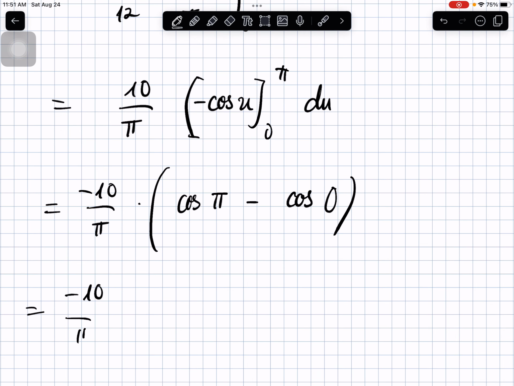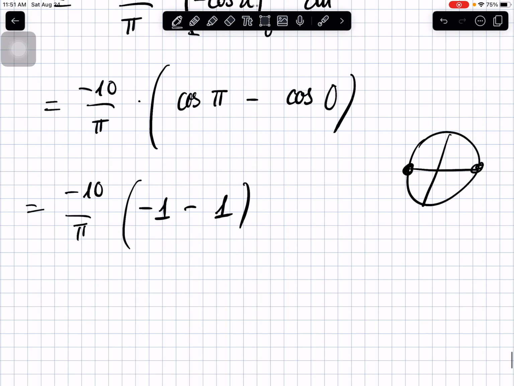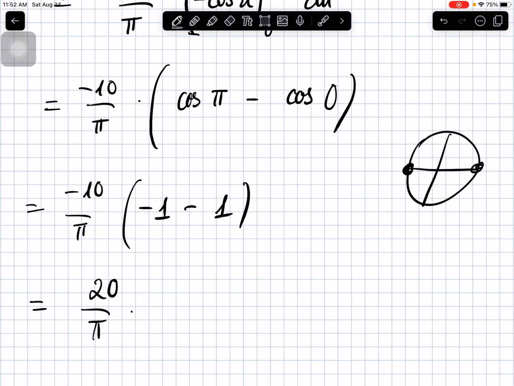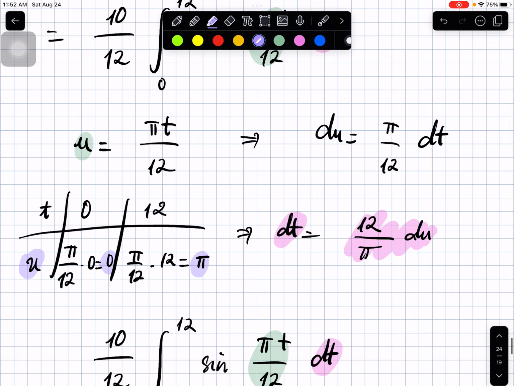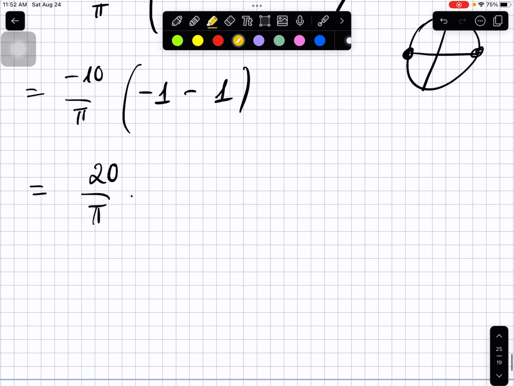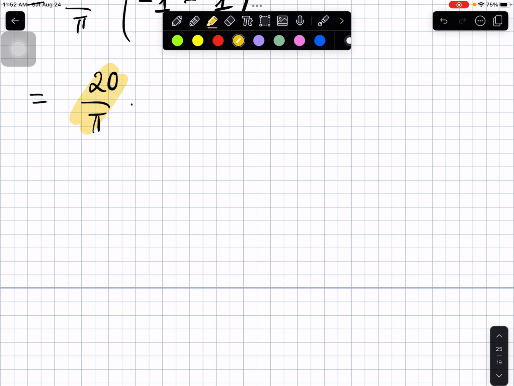Cosine of pi is minus 1, cosine of 0 is plus 1. So this is 20 over pi. So the second one is 20 over pi.